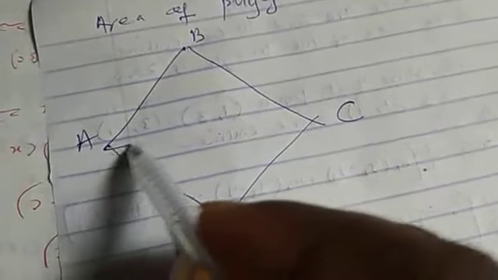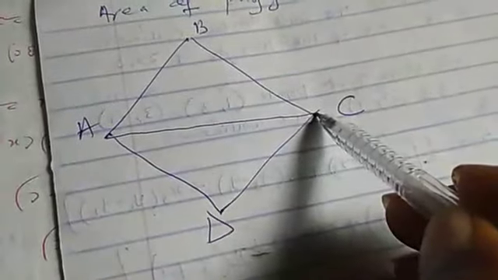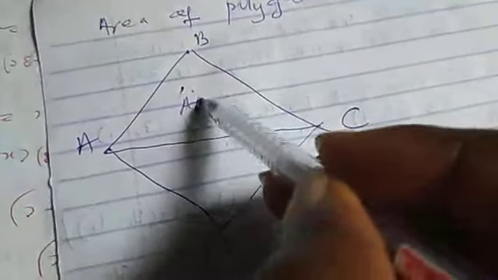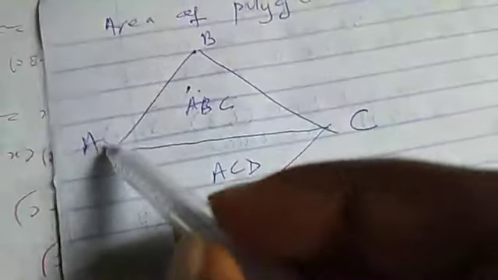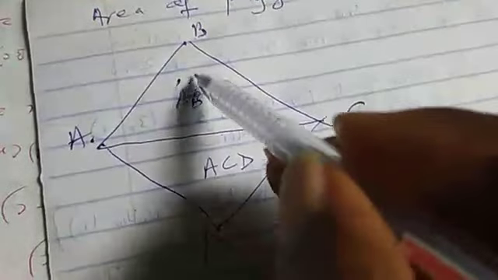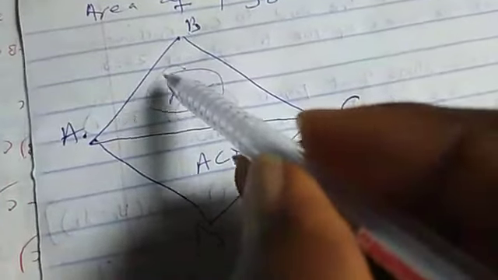Let's say we are finding the area of rectangle ABCD. We can divide it into triangles, so that this one will be area of triangle ABC and this one will be area of triangle ACD. You'll be given this point, this point, this point, this point. So when we find the areas using the formula, we add them together to get our result.